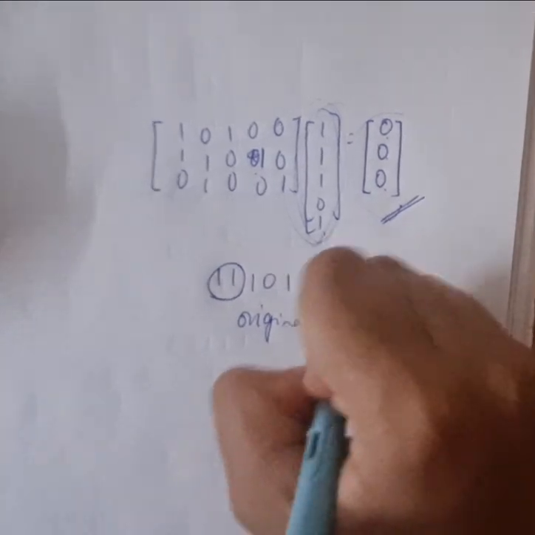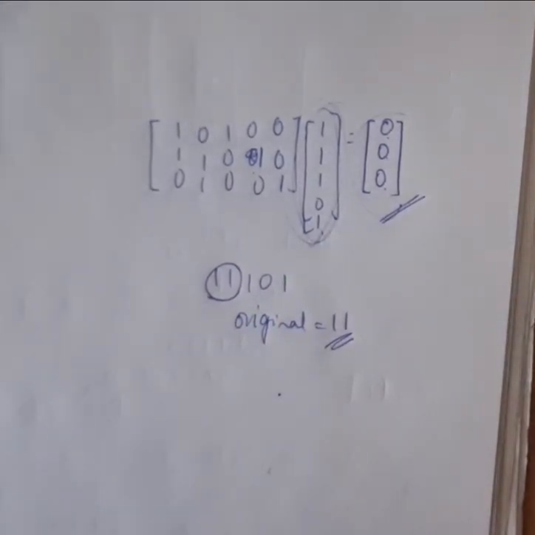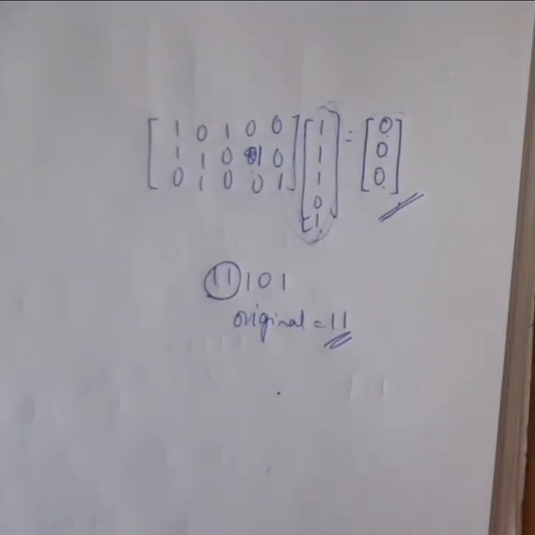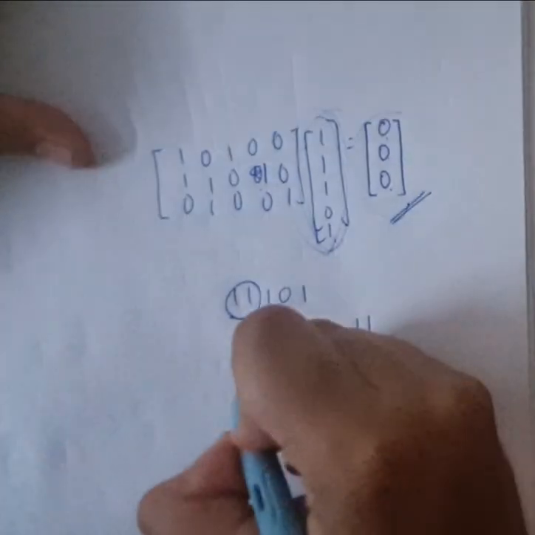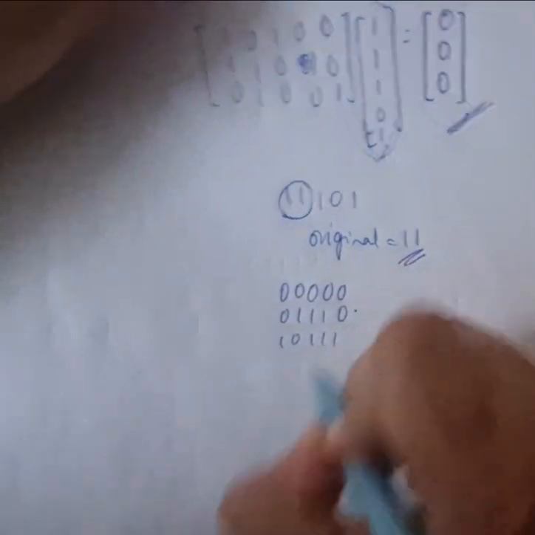Okay. What is the error detection and correction capability? For this, you have to take all of the encoded words that you found. That's all zeros, then 0 1 1 1 0, then 1 0 1 1 1, then 1 1 0 0 1.